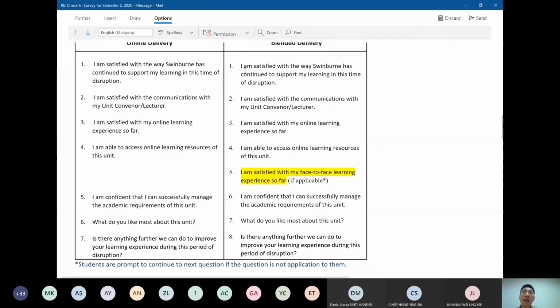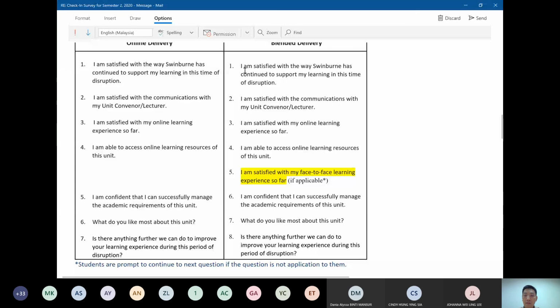This will be the 10 bipolar scale question. Scale 1 to 10. Just check the point that best describes your opinion. The first question is about whether you are satisfied or happy to continue to support your learning in this type of disruption.